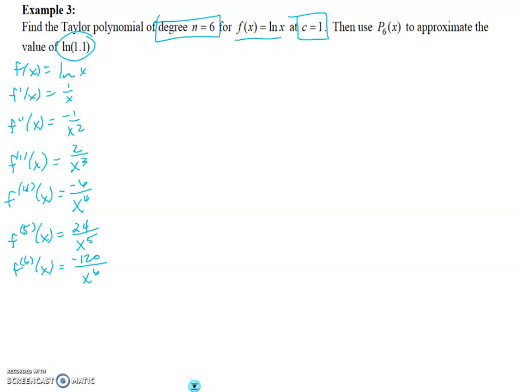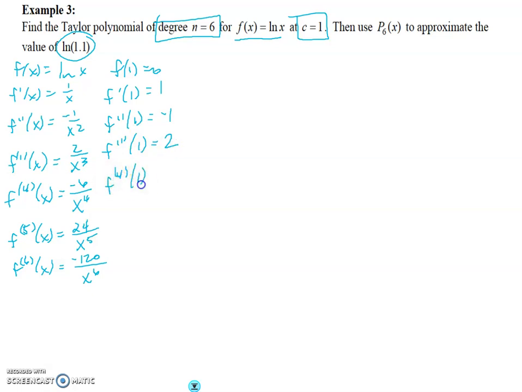Now I also want to go ahead and evaluate each of those at the center. So this time we're going to evaluate at 1 instead of 0. So f of 1 is equal to 0. F prime of 1 is going to be equal to 1. F double prime of 1 is negative 1. F triple prime of 1 is going to be 2.